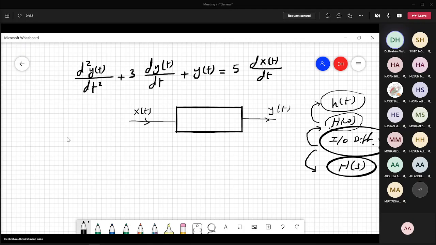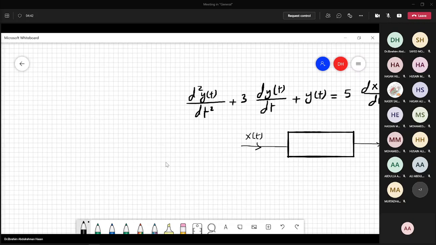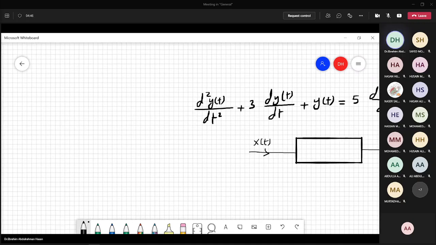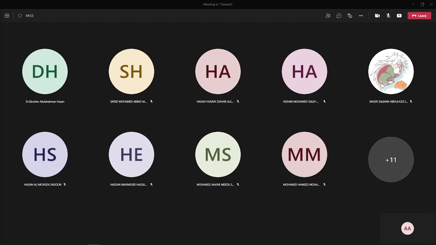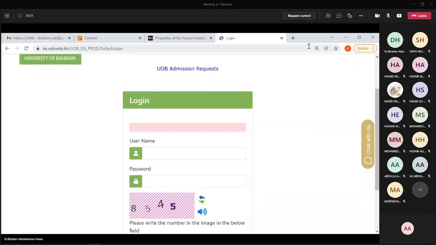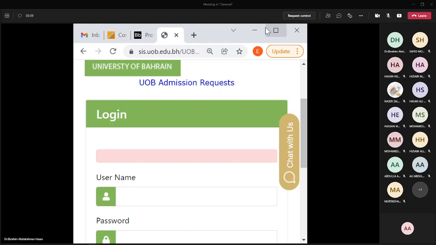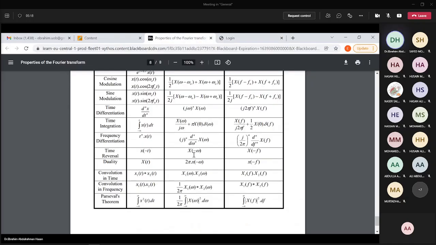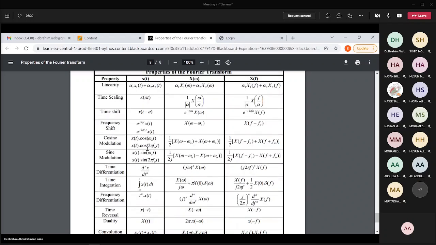Okay, what we said about the differential equation, if you get to the table here, it is important that you follow along with me now. In time differentiation, if I have the nth derivative, it is equal to j omega to the power of n times X of omega.